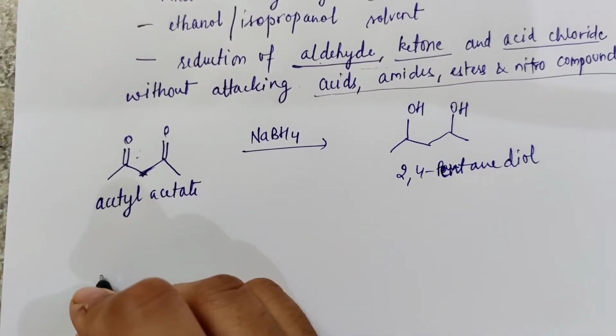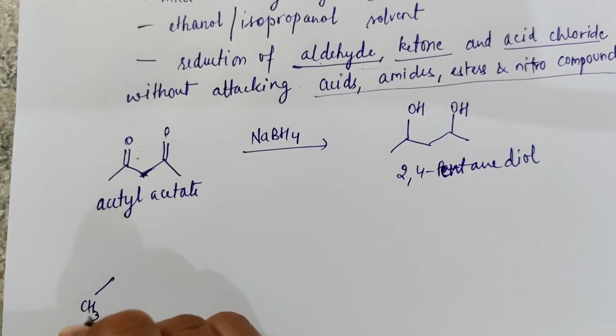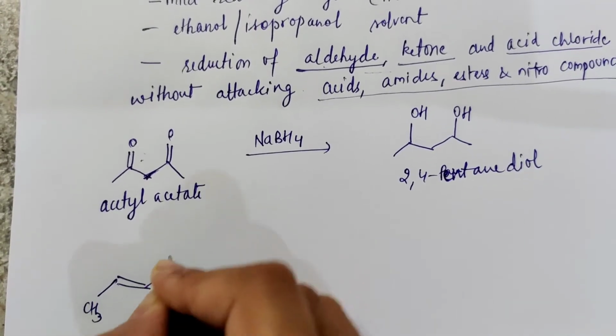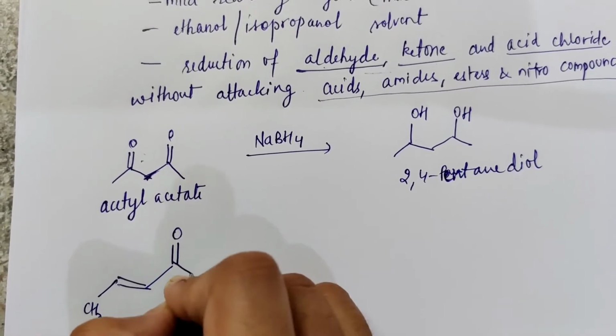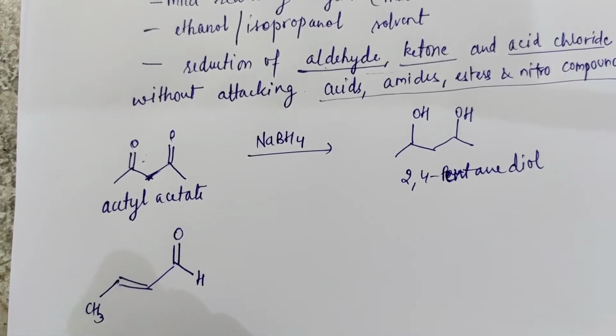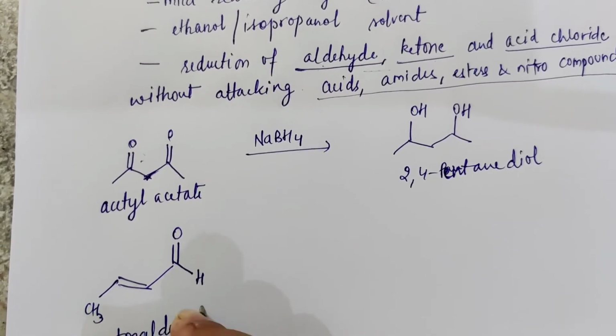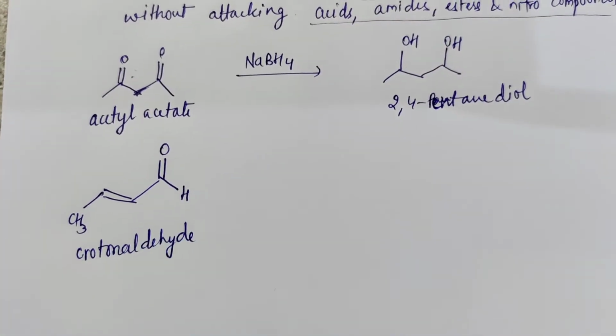Similarly, if we look at crotonaldehyde, which has a conjugated alkene functional group, this is our crotonaldehyde.